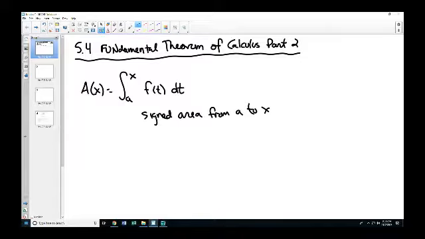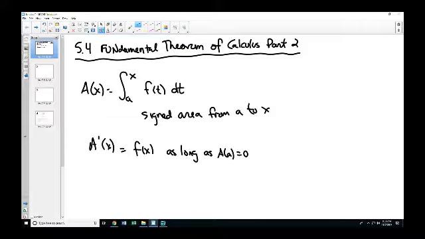Okay. Another neat thing that we can do here is the derivative. As long as, so that's basically an extension of the fundamental theorem of calculus using the antiderivative and the derivative relationship.